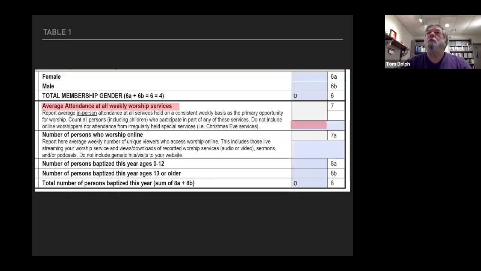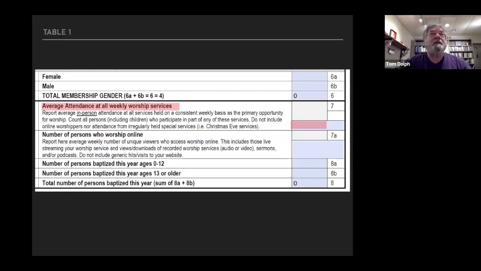This is what we do week in and week out. It does not include special services like Christmas Eve, Watch Night services, Ash Wednesday services, Good Friday services, Maundy Thursday services, July 4th services. This is primarily your principal worships for the week.